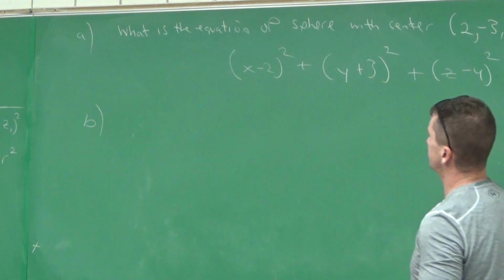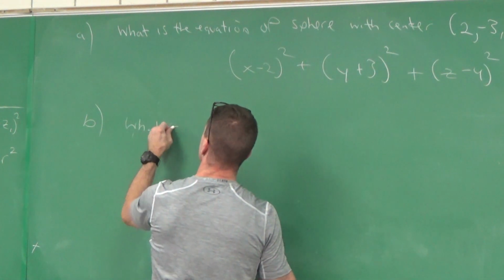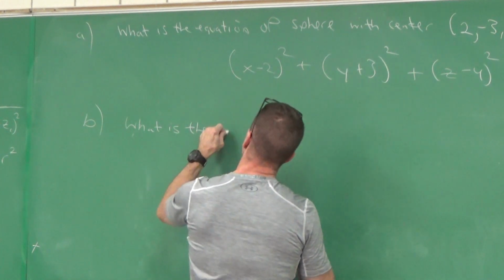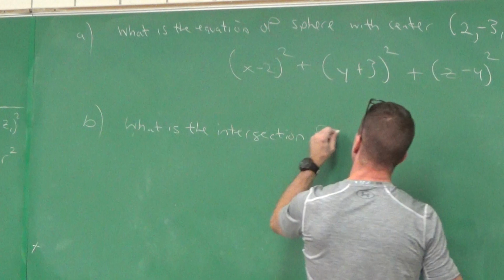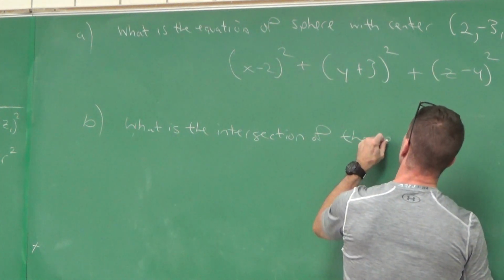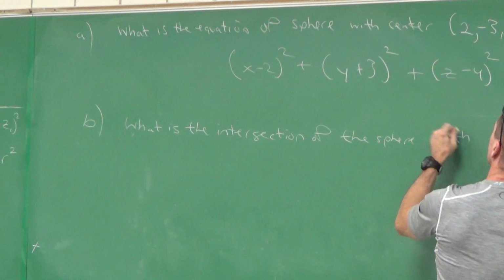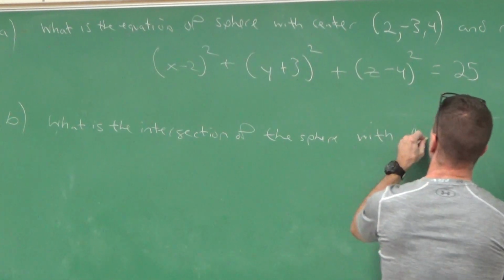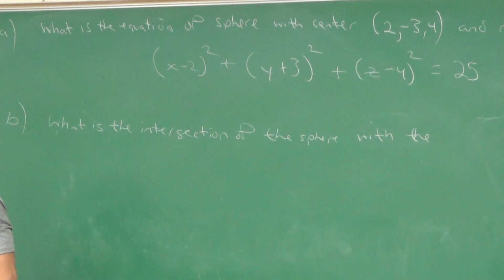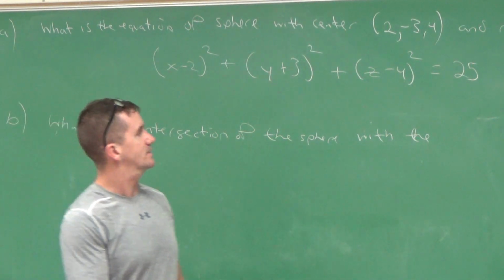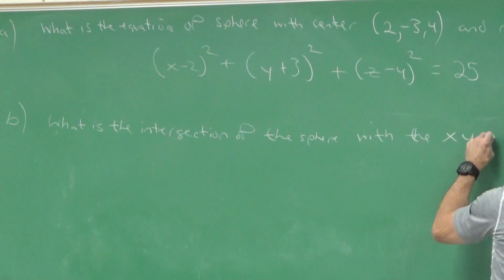But here's part B. It's the intersection. I just want to choose a different plane than the one I had in my practice set. They had the XZ plane here. I think I'll do the XY plane.